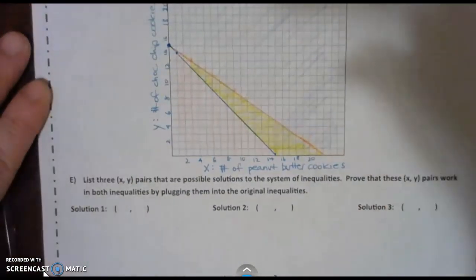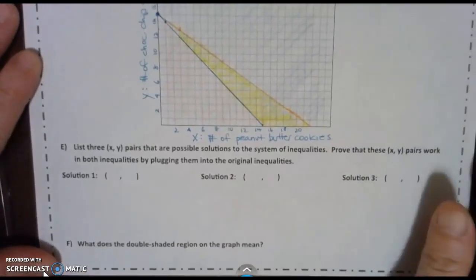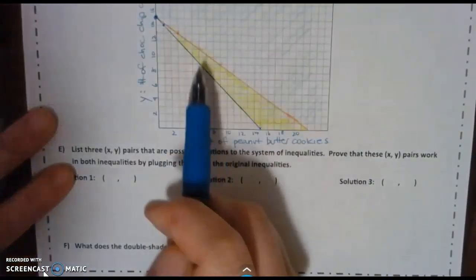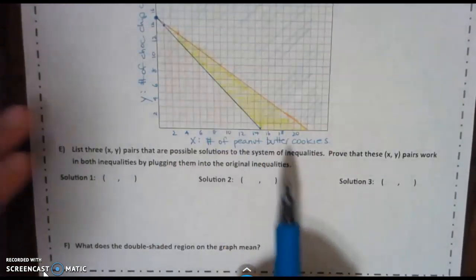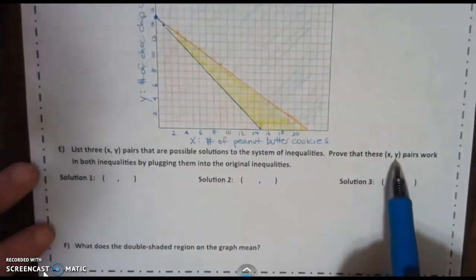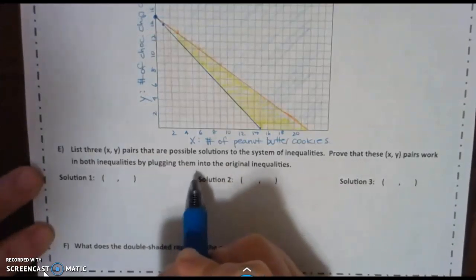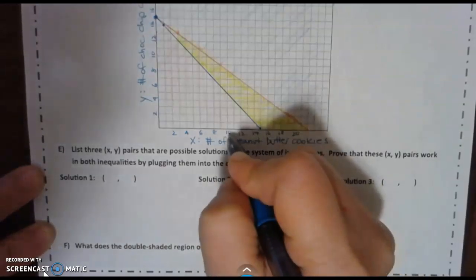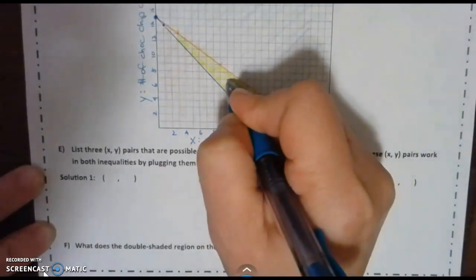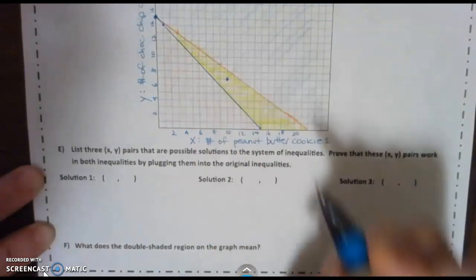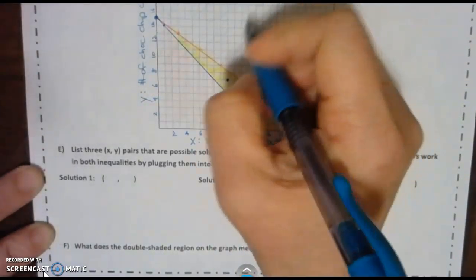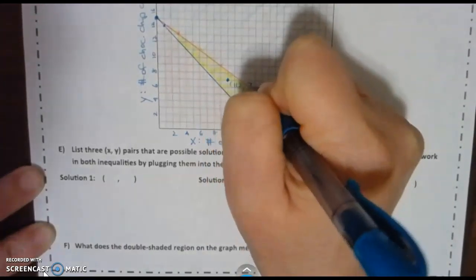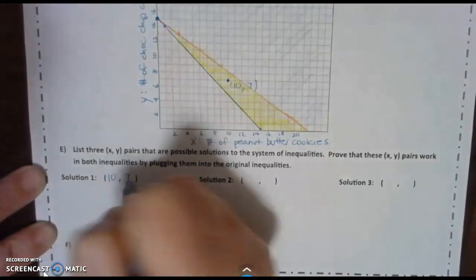Now we have to list 3 xy pairs that are possible, because we just discovered that any xy combination in this area will be possible. Prove that these xy pairs work in both inequalities by plugging them into the original inequalities. So let's make it easy. Let's choose easy numbers like 10, comma 7.